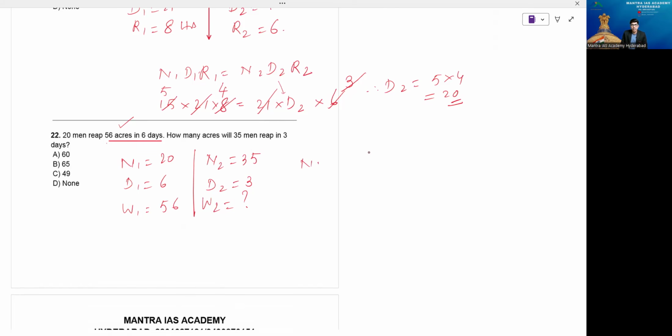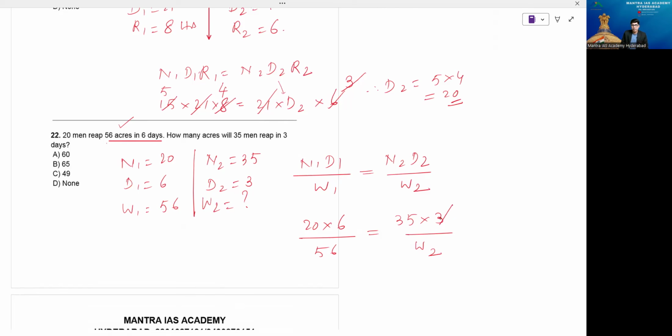So the formula is going to be like this: N1 D1 by W1 is equal to N2 D2 by W2. N1 stands for 20, D1 is 6, W1 is 56. On the right side N2 is 35, D2 is 3 and W2 is my target. Don't worry, sometimes you may get none of the answers as options, or you can get it directly. That's not a matter of the option. You do just the same method.